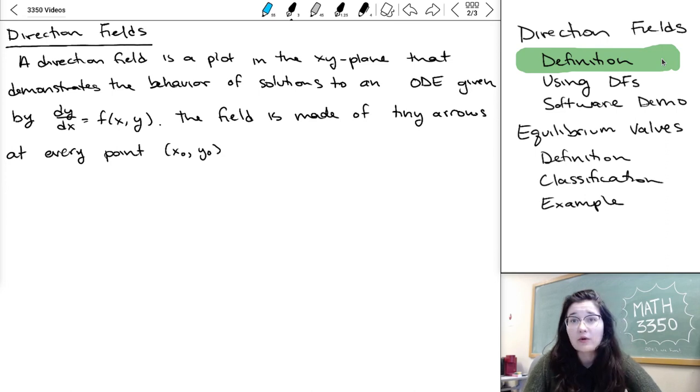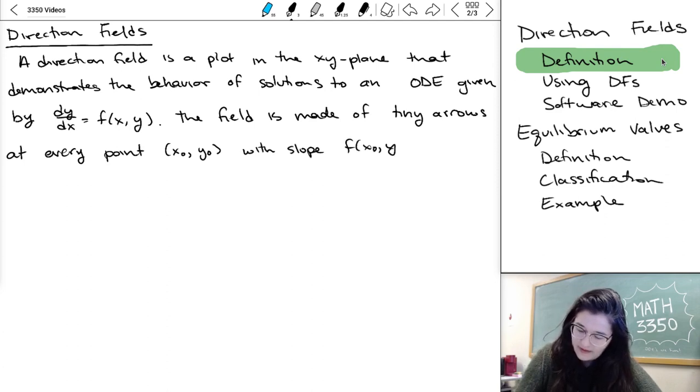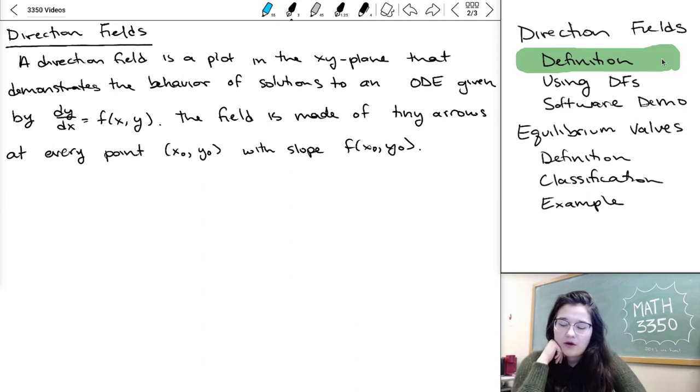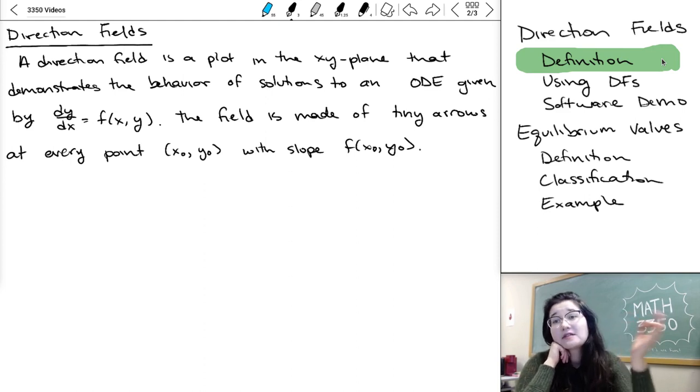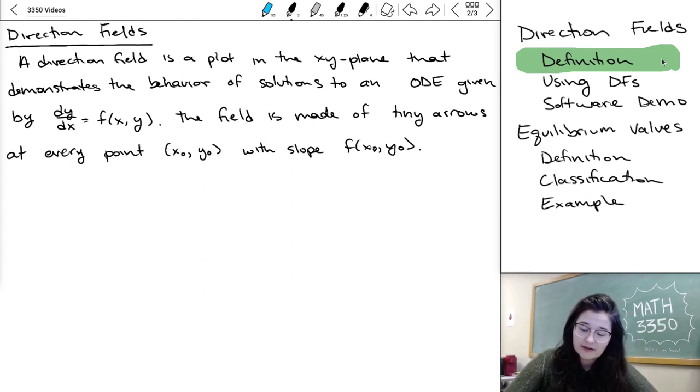You would call those points some x0, y0. And everywhere we look at the field, everywhere we have a point x0, y0, that tiny arrow is going to have slope f of x0, y0. So it's going to have a slope that depends on the function in your differential equation.